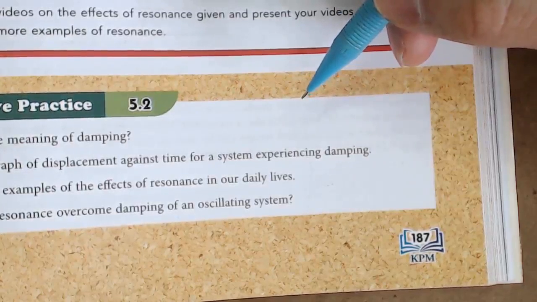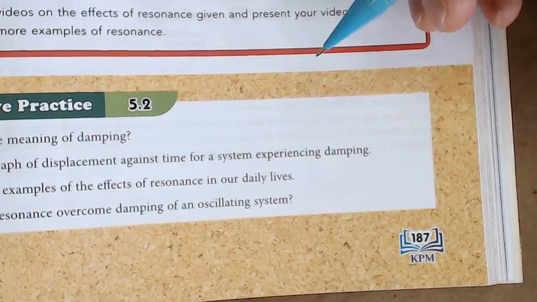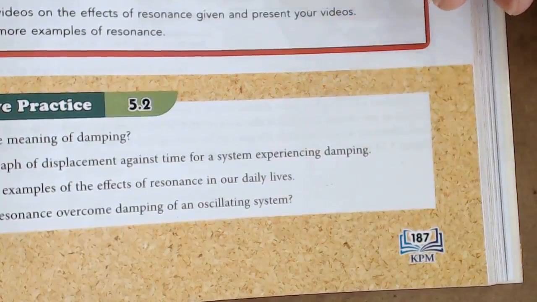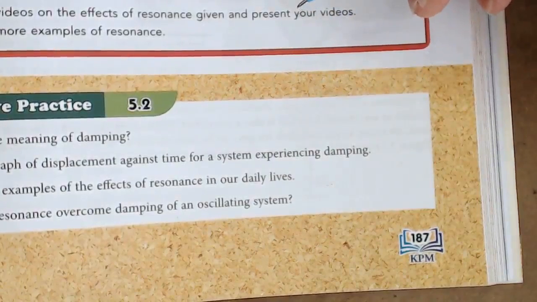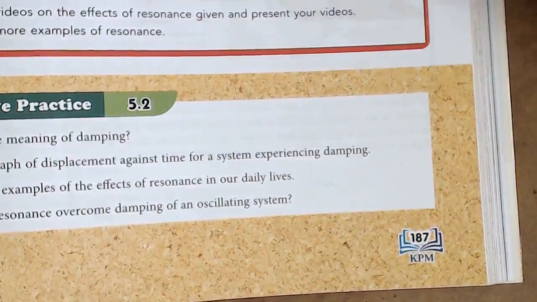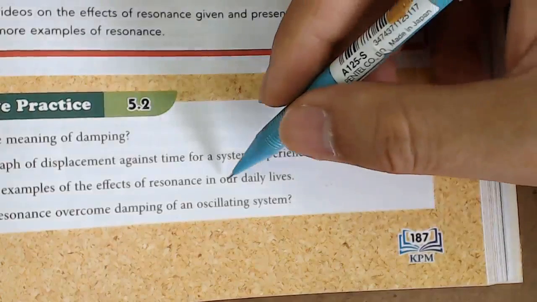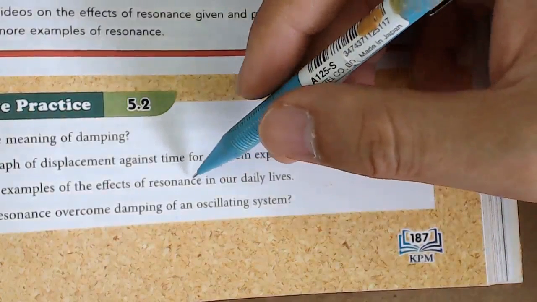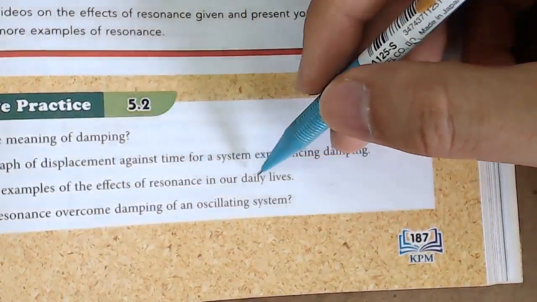It can absorb the energy and make themselves oscillate with high amplitude, maximum amplitude, and that will make the things break. That is the example of resonance in our daily life.